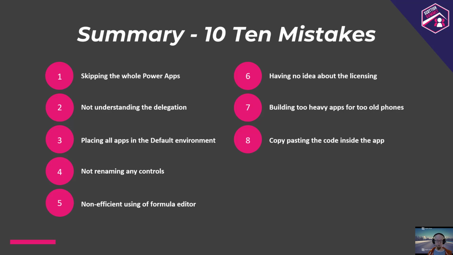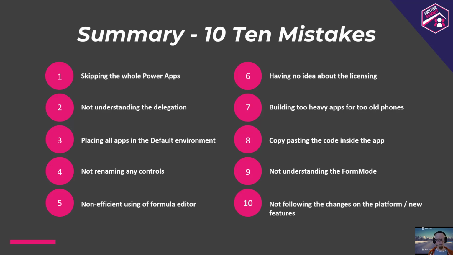Number 8, you are copy-pasting the code all over the place. Number 9, you are not understanding the form mode. And 10, you are not following the changes on the platform and the new features.